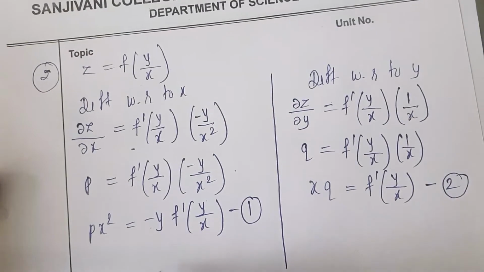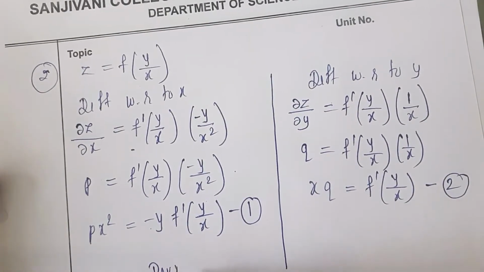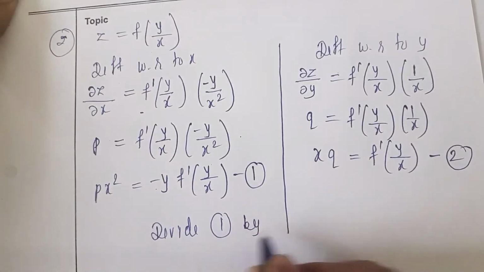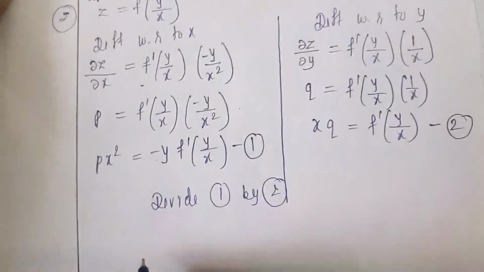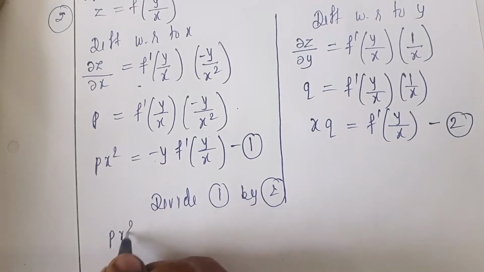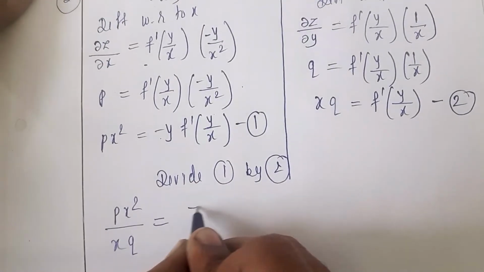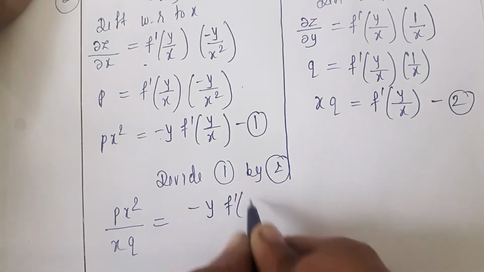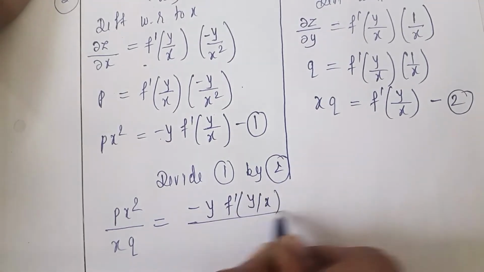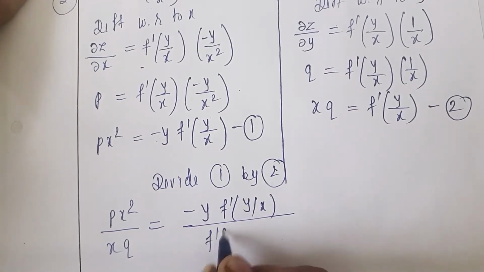Now divide 1 by 2. We get px square divided by xq, left hand side divided by left hand side, is equal to minus of y f dash of y by x divided by f dash of y by x.